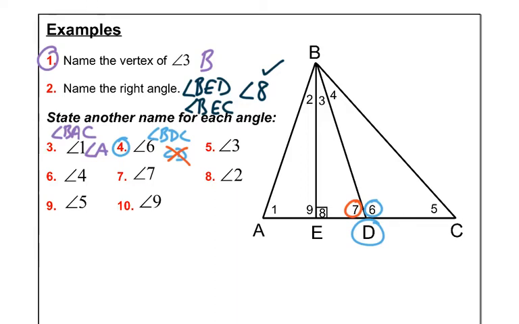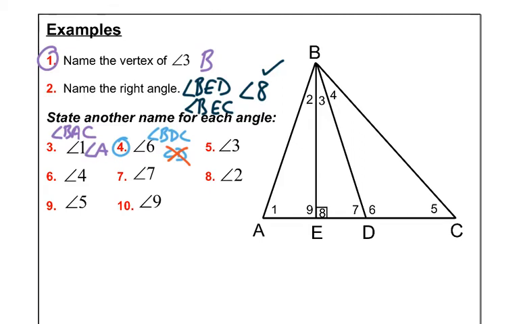So if you said angle D, Mr. Brown, I'd say, well, which one do you mean? The one on the left or the one on the right? So we can only use the vertex letter if that angle is all by itself and not shared by anyone else. So the only answer to that one could be either angle BDC or angle CDB.